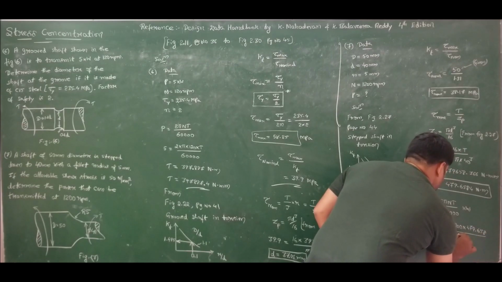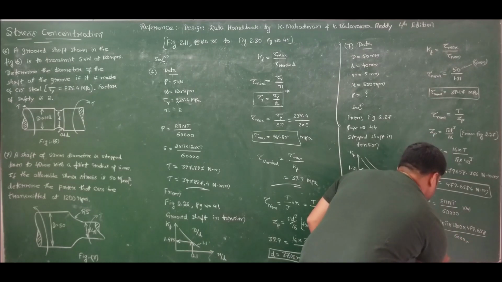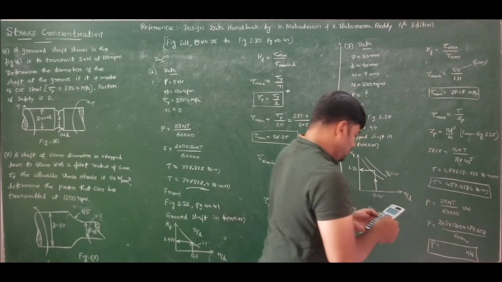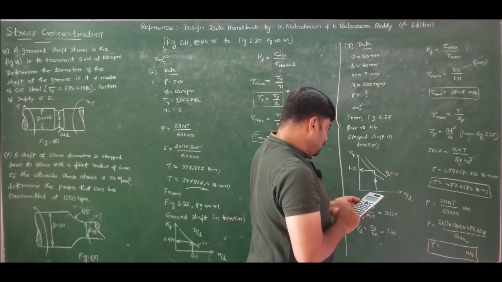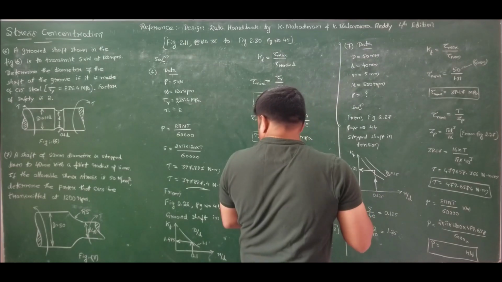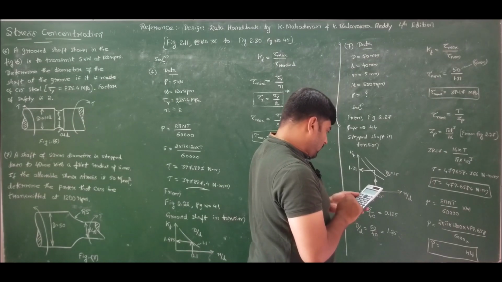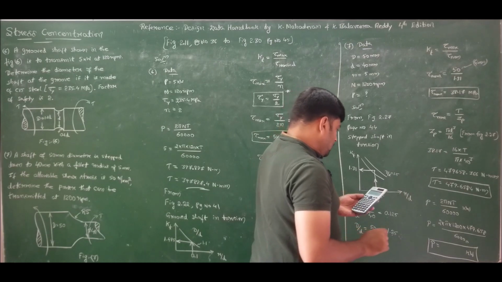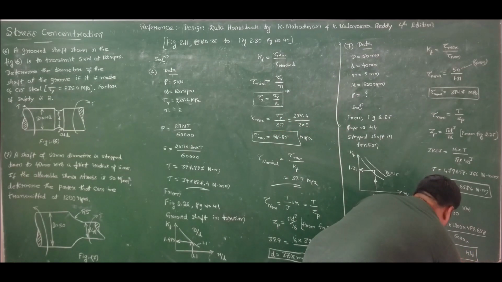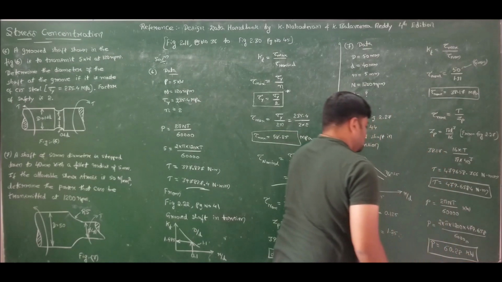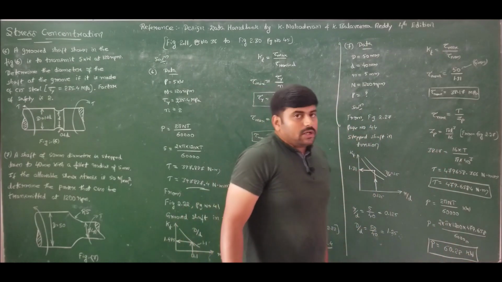Hence power transmitted in kilowatts will be 2 into pi into 1200 into torque, which is 479.658, divided by 60,000. It is 60.28 kilowatts. So power transmitted is 60.28 kilowatts.